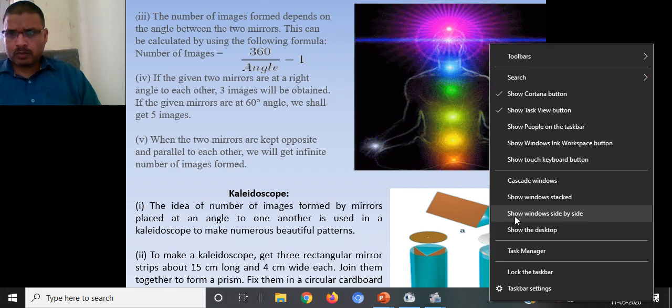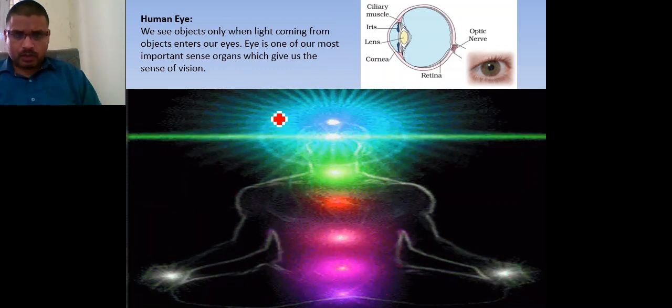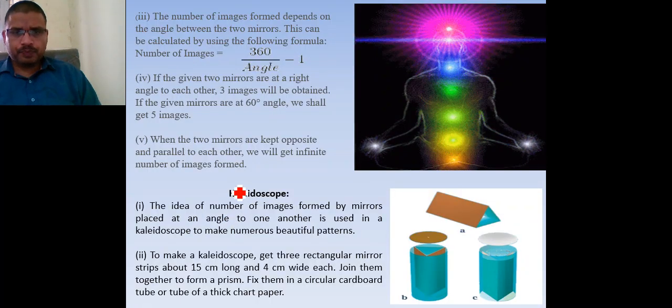The idea of the number of images formed by mirrors placed at an angle to one another is used in a kaleidoscope to make numerous beautiful patterns.